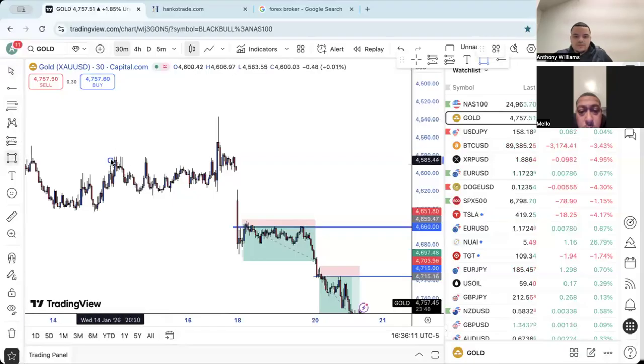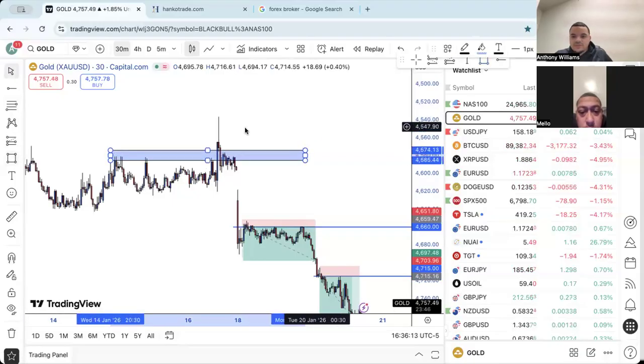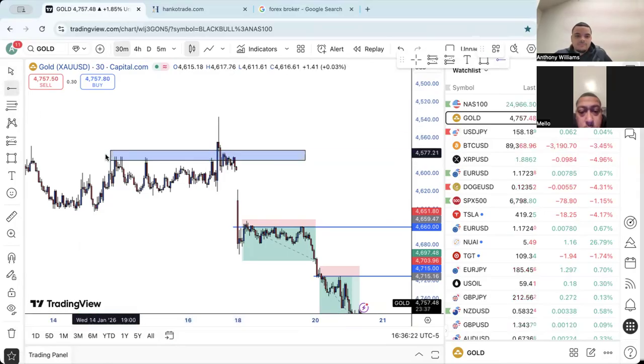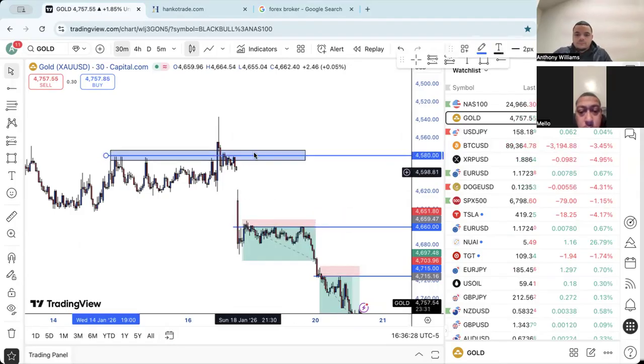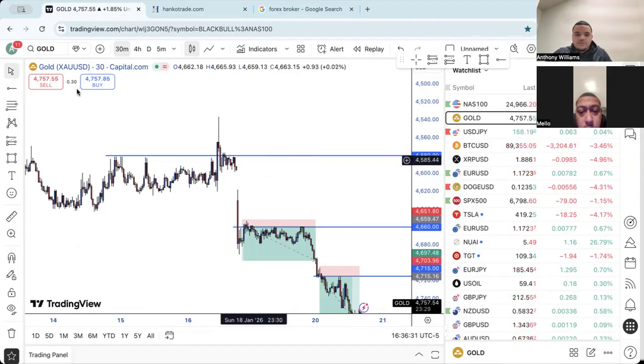Because this over here is the same, and it just shot way up here for nothing, just to be back into this resistance area. And this is 80. Take this away so you can see it clearer.